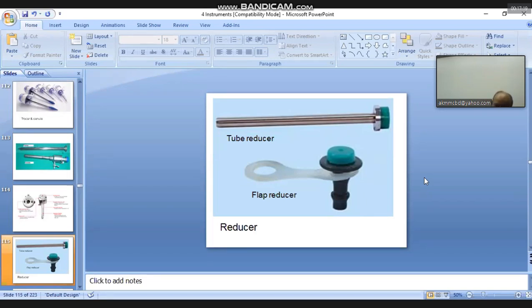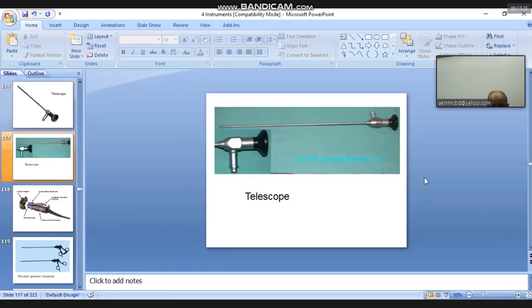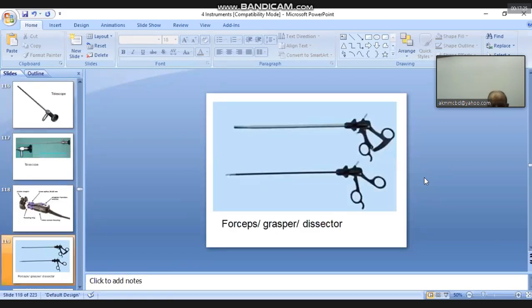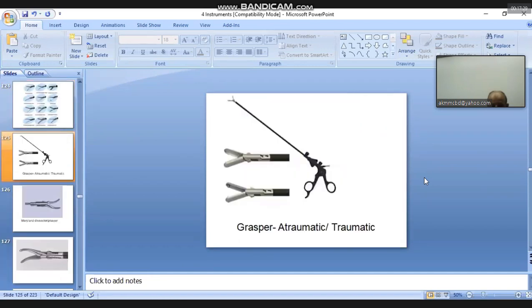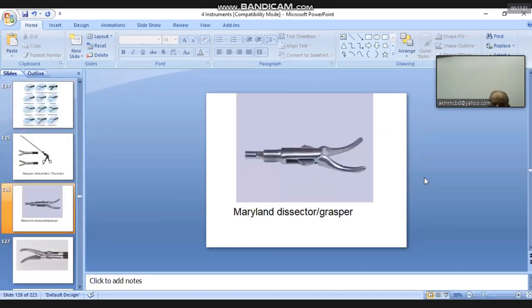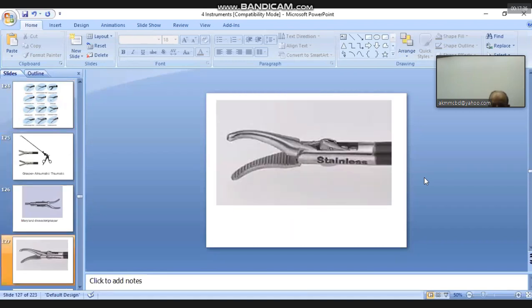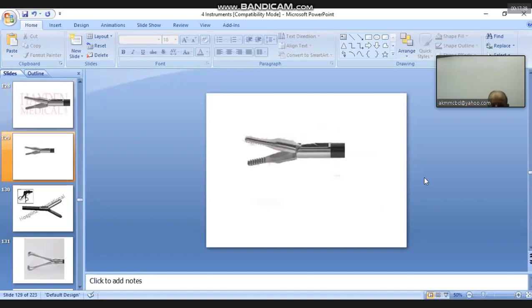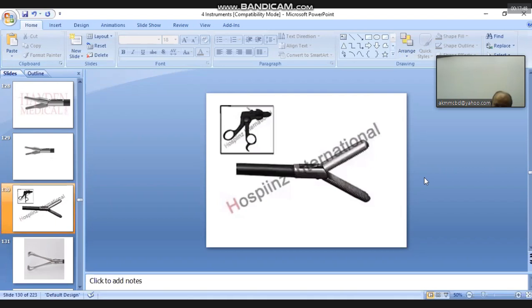Then telescope. Maryland forceps is very important, therefore number 3 is Maryland forceps. Number 4, Babcock's forceps.